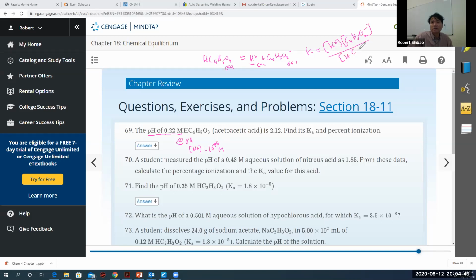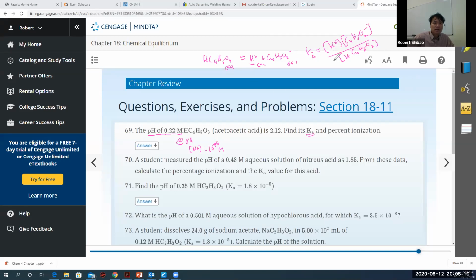This one, we need to set up a table for this one, is best. But this is called Ka, the acid ionization constant. And here we can get the percent ionization depending on how much ionizes. Is it 99% this and 1% that? Then it would be 1% ionization.